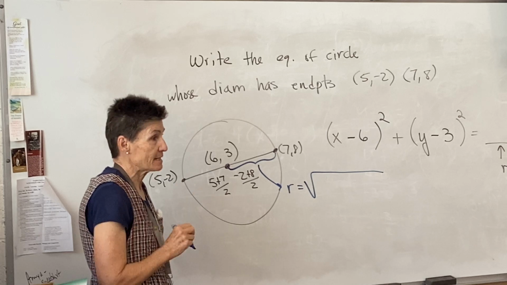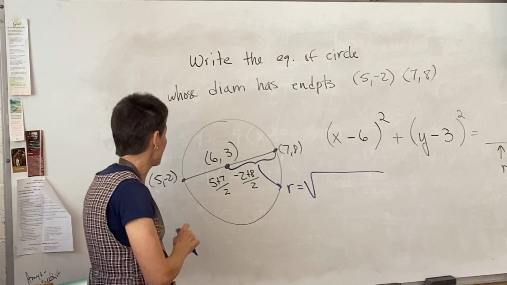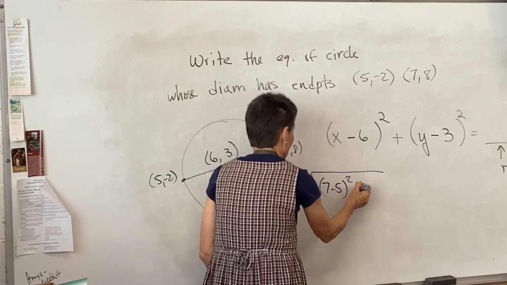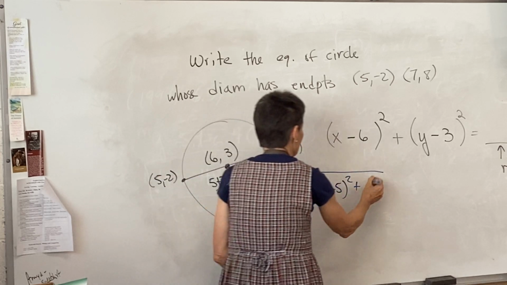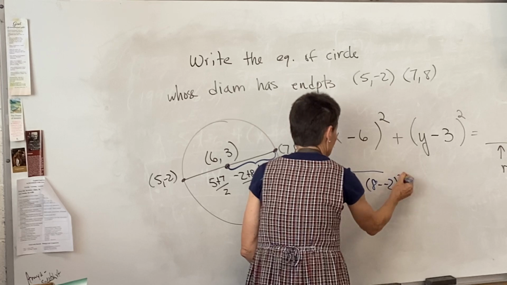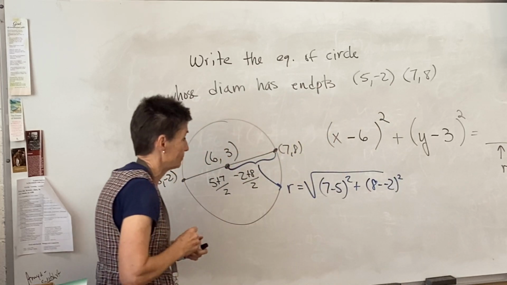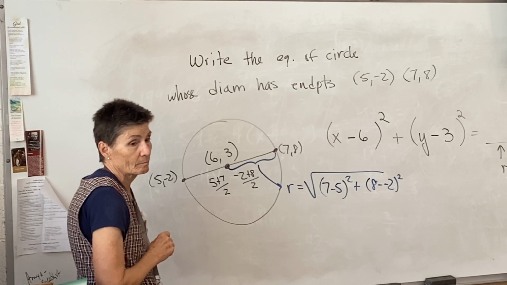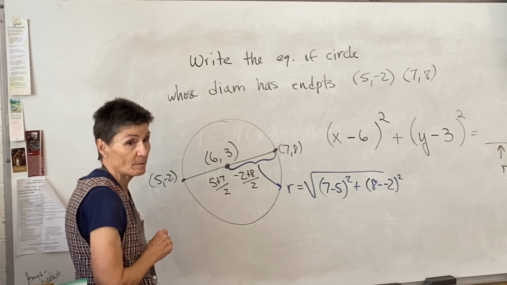Now, distance is a difference. Distance we subtract. So we're going to do 7 minus 5 and 8 minus -2. Is that okay with everybody?